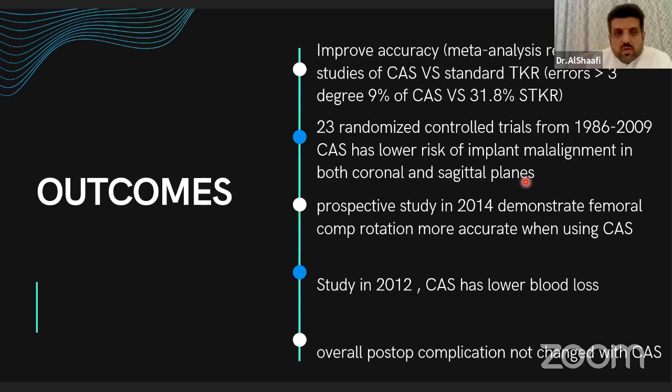Let us see the outcomes in the literature. There are some studies and meta-analyses that reviewed this technique, and they found that it has better accuracy of mechanical alignment in primary total knee replacement compared to conventional instrumentation.